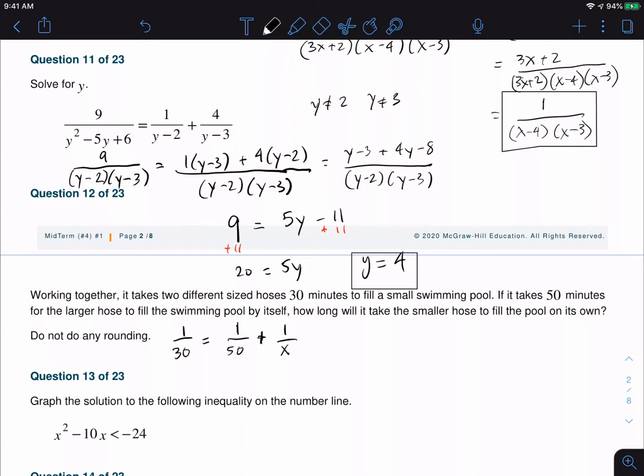So this ends up being the equation. The left-hand side is them working together, and the right-hand side is them as individual hoses trying to fill it. So then what I can do to make this problem easy is I'm going to multiply by a common denominator.